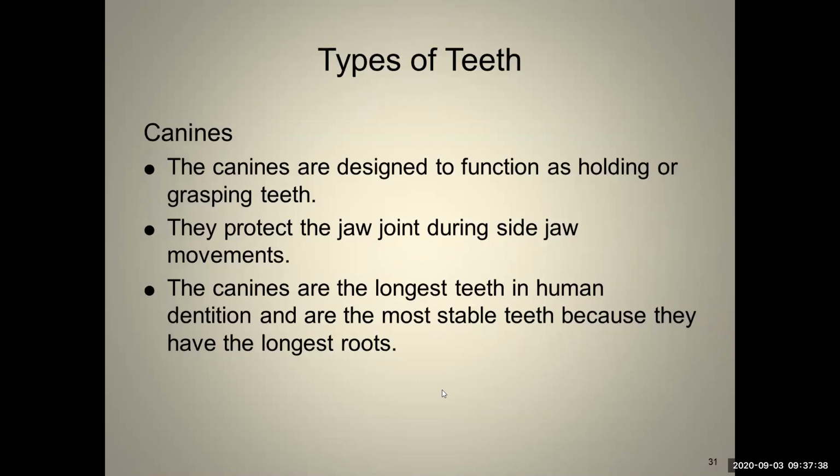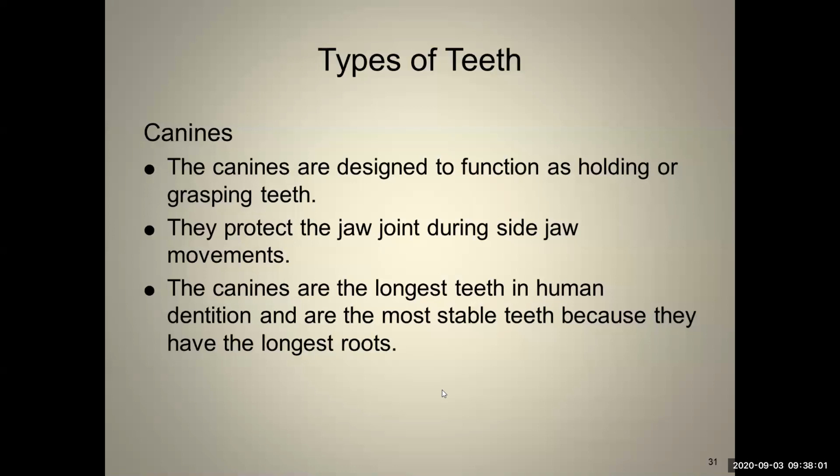The canines are the longest teeth in the human dentition and are the most stable because they have the longest roots. Usually a test question, my friends. The canines are the longest teeth and are the most stable because they have the longest roots.